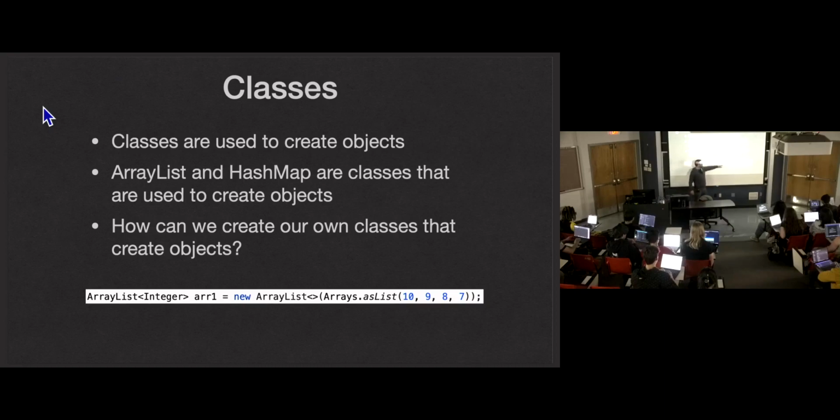I mentioned this in lecture, but it's worth repeating just because I get this question a lot. If I want to create an array list in one line, I kind of snuck it in this example. This Arrays.asList is going to let you put a comma-separated list of values and initialize your array list in a single line. This is easier than creating new array lists and then doing r1.add, r1.add, r1.add.